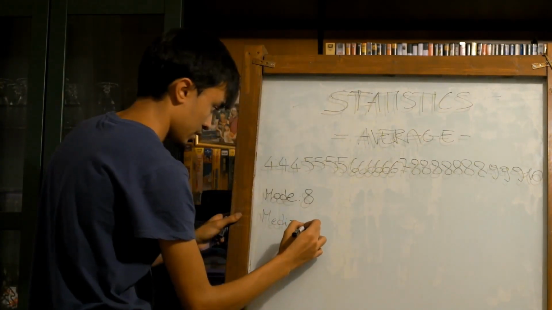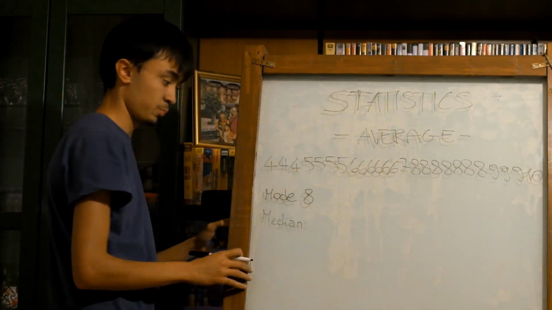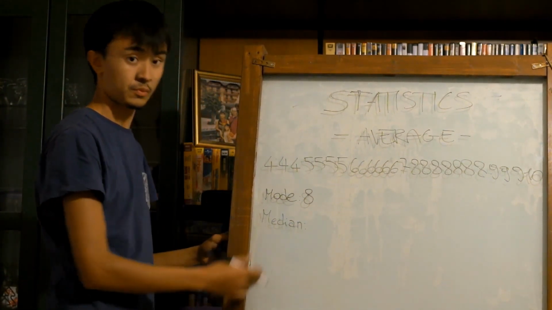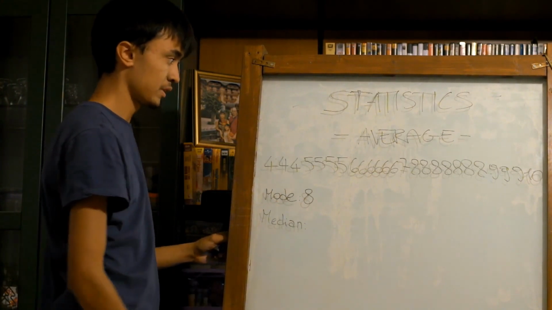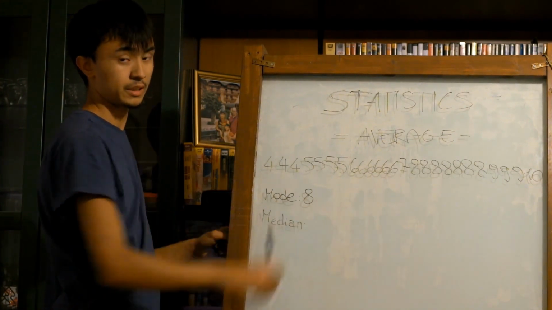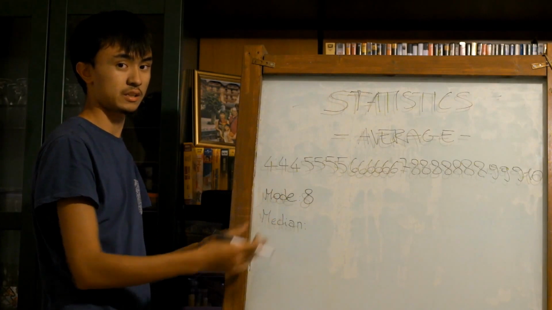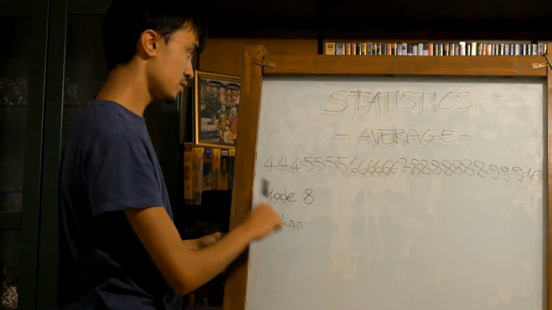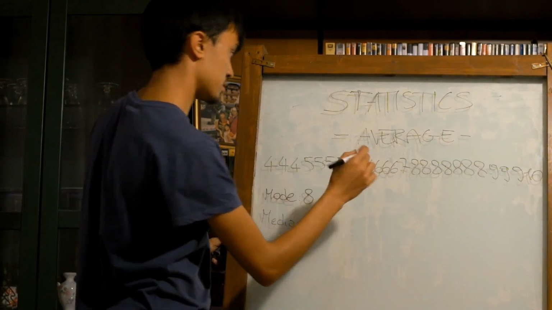So, there are other mathematical tools we can use. The median, for example, takes the middle value in the dataset after we arrange data in ascending order. In this case, it is 6.